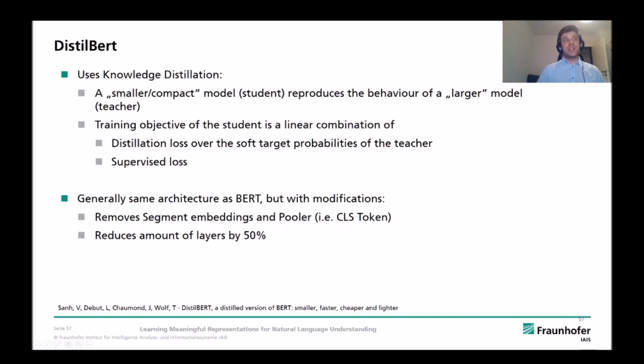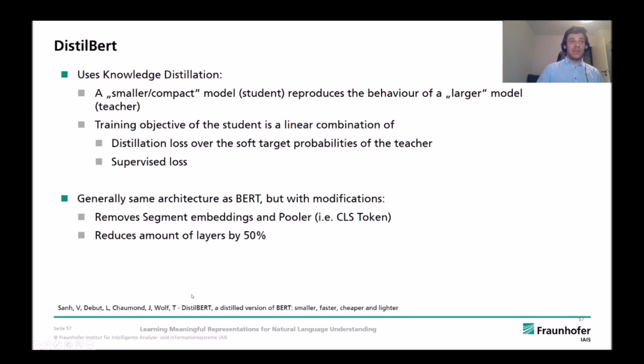And DistilBERT generally has the same architecture as BERT, but with slight modifications. So we don't have these segment embeddings and this CLS token, these pooler tokens, and we reduce the number of layers by 50%. So instead of 12, we only have 6 layers.